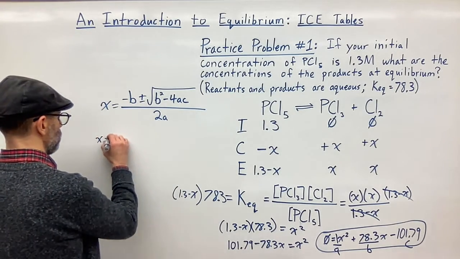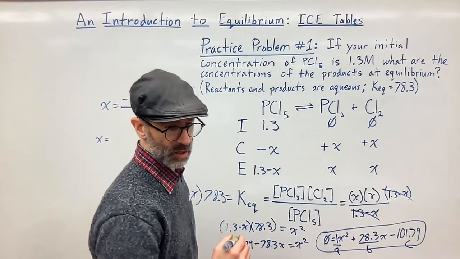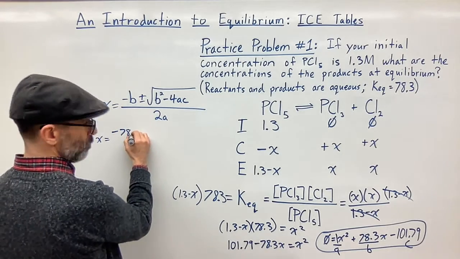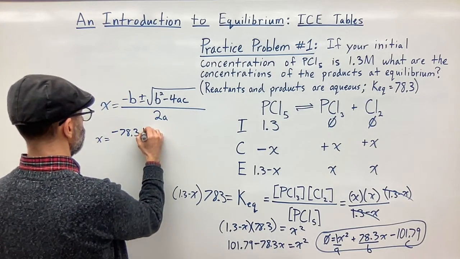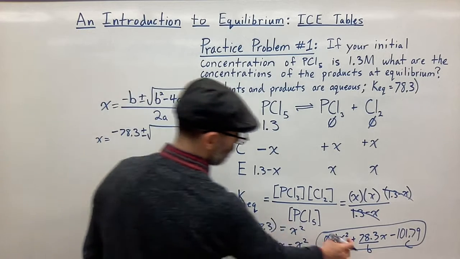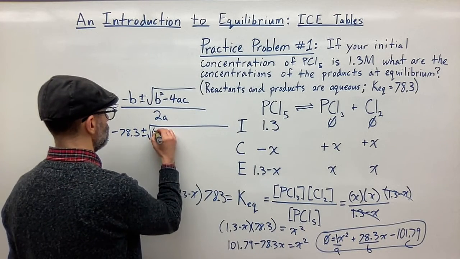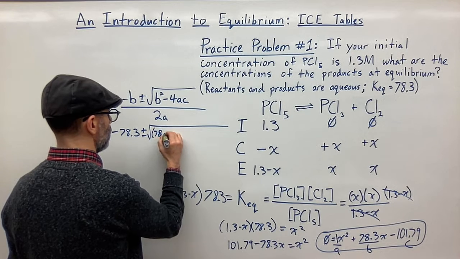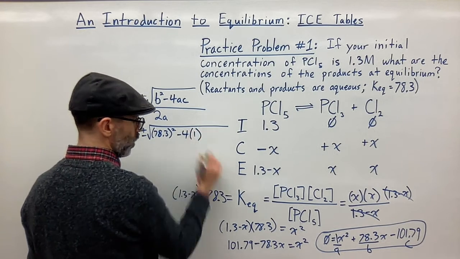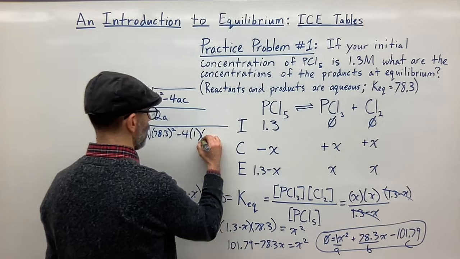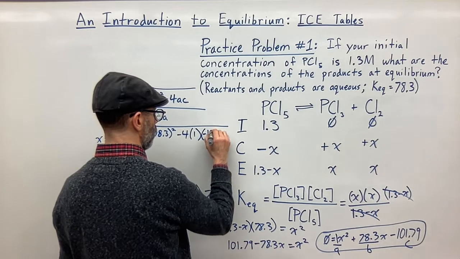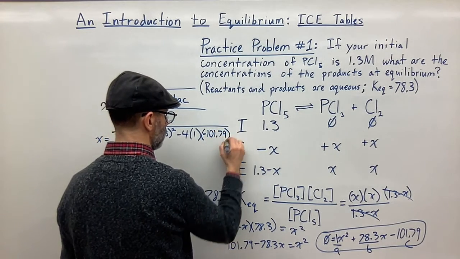So here x is going to be equal to negative 78.3 plus or minus the square root of my B here, 78.3 squared, minus 4 times A, which is 1, multiplied by C, which is negative 101.79.